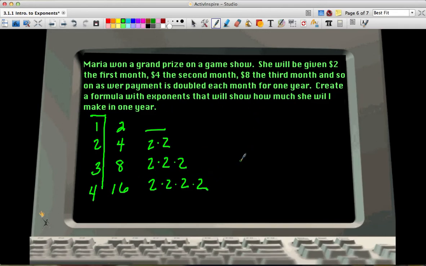So to figure out how much money she gets, we would have to put together an exponential problem. So we would have to take what she gets the first month, which is 2, and we would have to add 2 to the 2nd power plus 2 to the 3rd power.